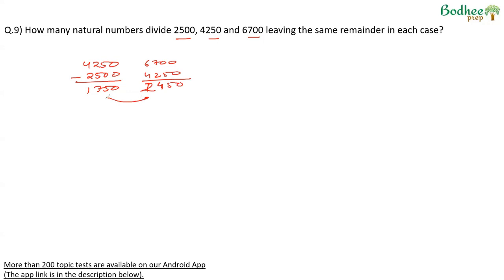So the HCF of these two differences, and factors thereof, will be the numbers which will leave the same remainder while dividing these numbers.